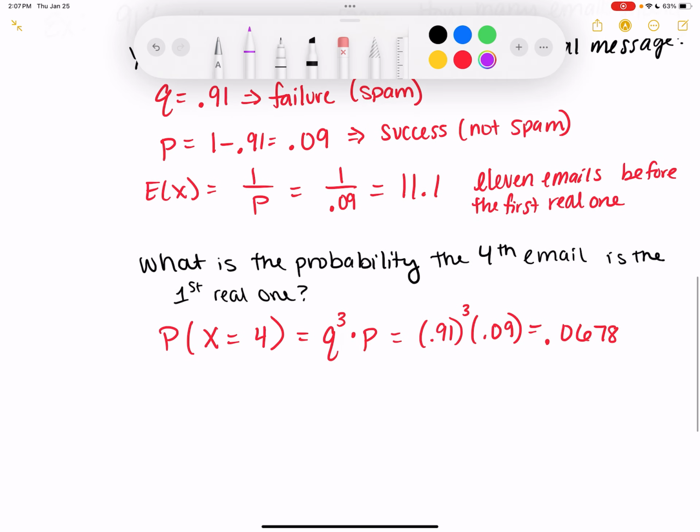All right, we now have something that's going to stick with us for a while. It'll be written in different ways, but it's called the 10% condition. Bernoulli trials must be independent.